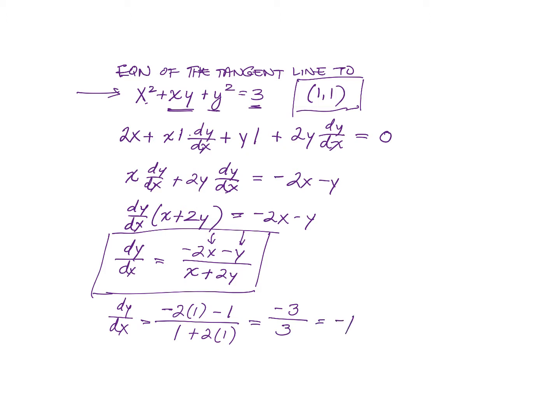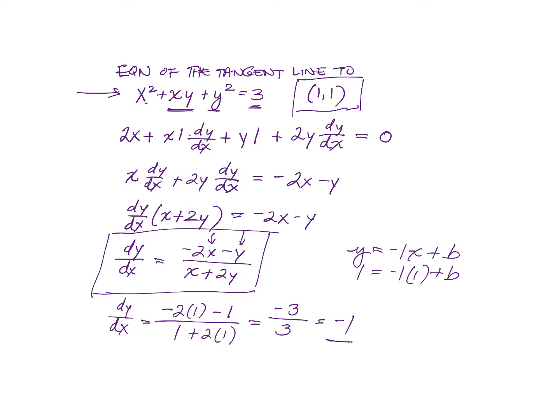And then all we need is the slope and the point, and what we do is we say y equals, the slope is negative 1 times x plus b, and we can plug in when x is 1, y is 1. So I plug in 1 for x, and I know y is going to be 1, and so now I can solve for b.